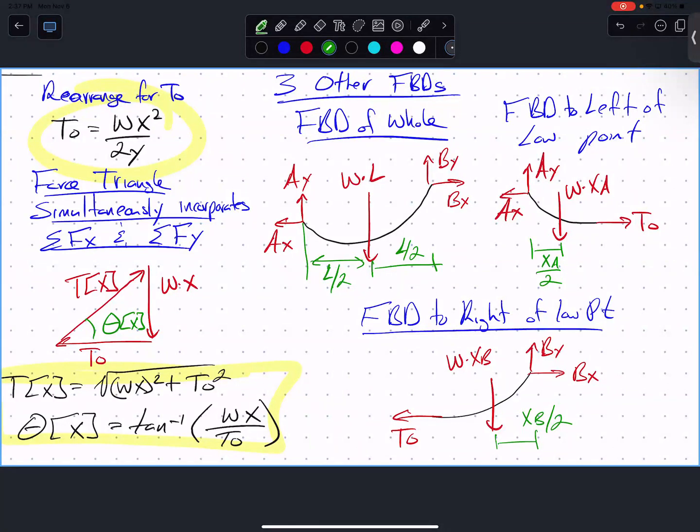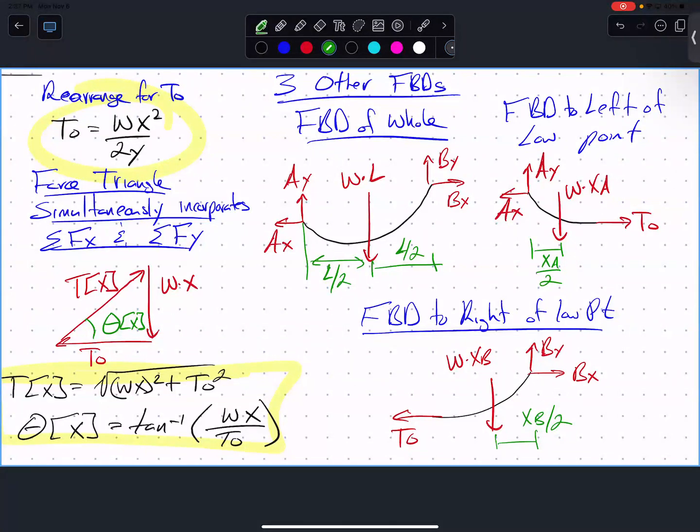This one will give us that y is equal to wx squared over 2T naught, actually. This one will too. If we sum moments at A or sum moments at B, we're going to get that same relationship that we got in our first FBD from C to D. This one will provide us some new relationships if we needed to use that one.